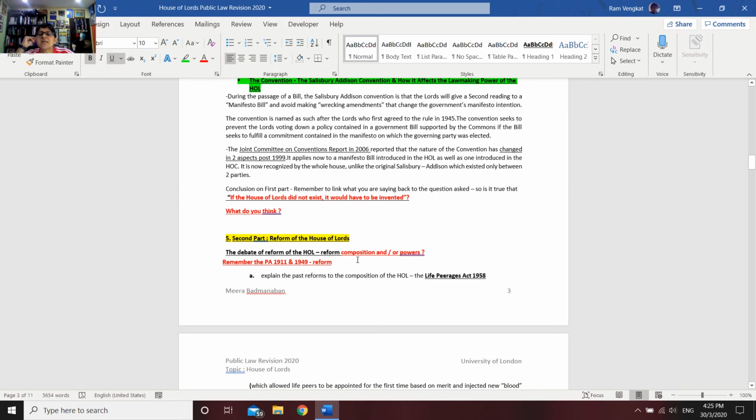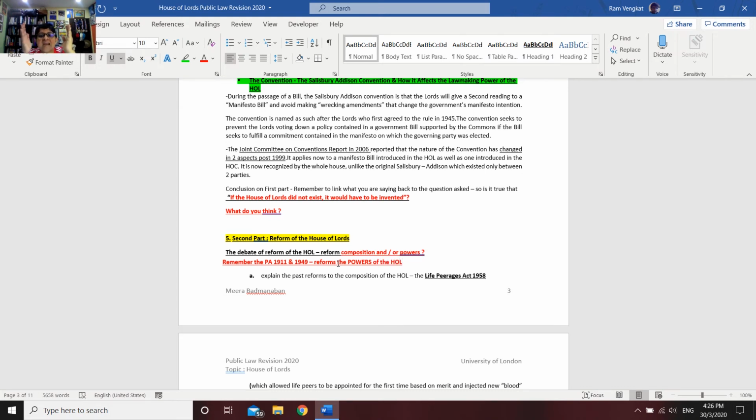What does anyone think about this? Have a think. Does it reform the composition? That means the membership. Does it? No, it doesn't. It reforms, and I'm just typing that so we'll remember, it reforms the, what is it? Quickly. It reforms the, I'm going to put it in capitals here for you, powers of the House of Lords.